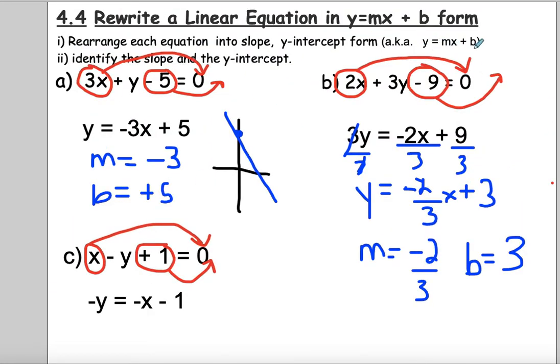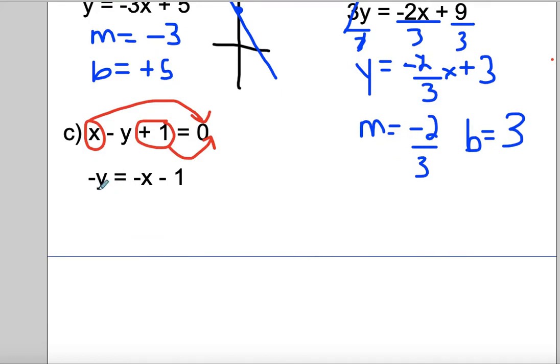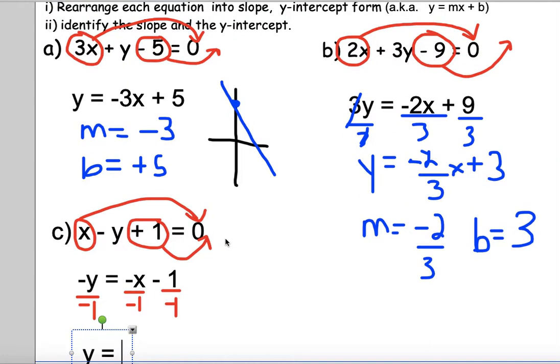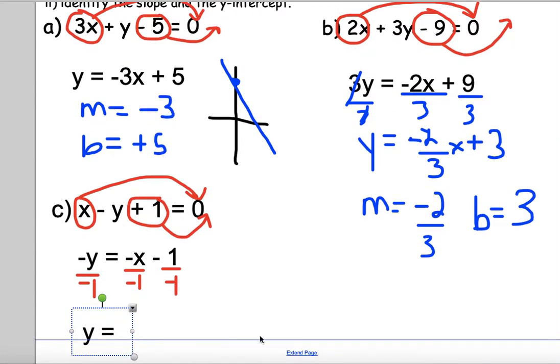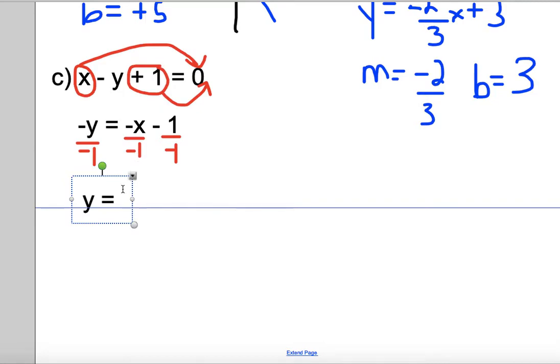But if you notice in the form y equals mx plus b, the y has to be positive. So we need to take out a negative 1 from each term here. If we divide y by -1, we get a positive y. That is going to be equal to, if we take out a -1 from -x, we're left with positive x. -1 divided by -1 is 1.